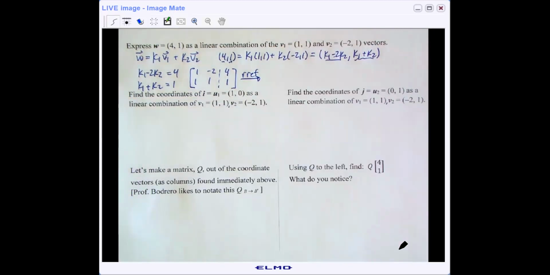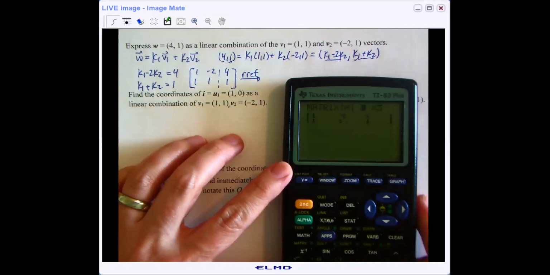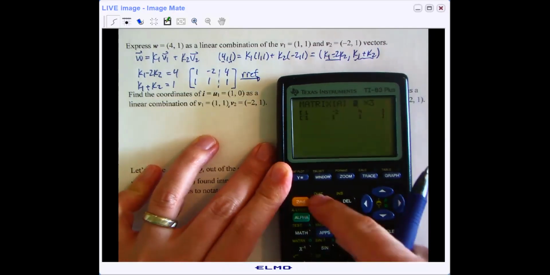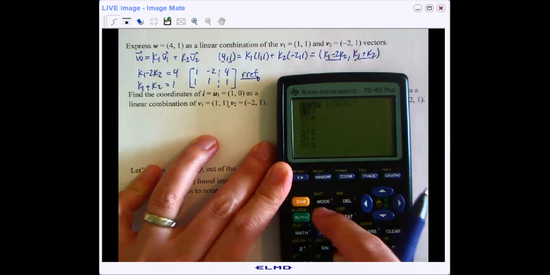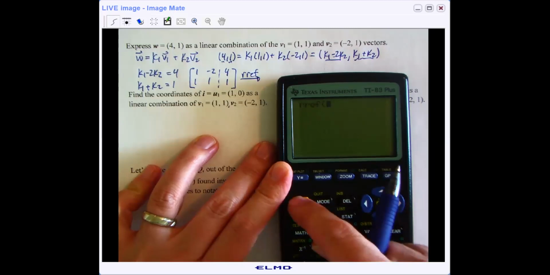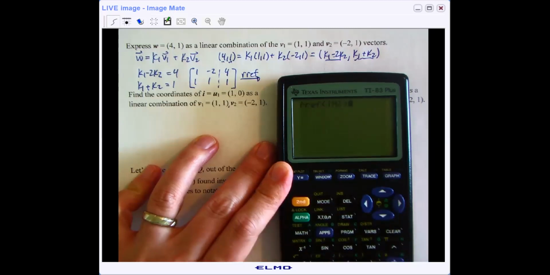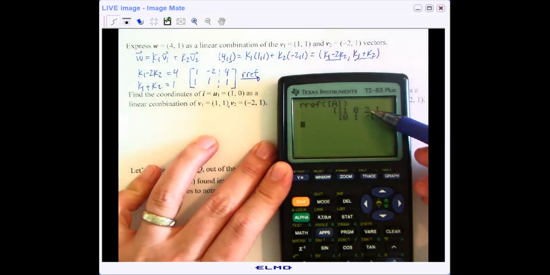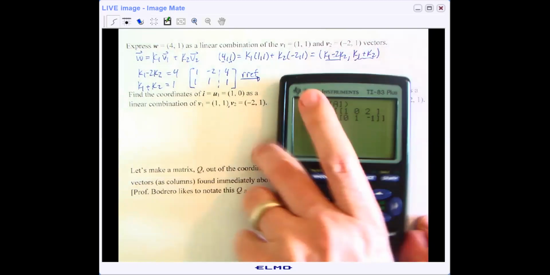And let's see what we get. So I just typed it into my A matrix here. Hopefully you can see that okay. And so if we go matrix math RREF matrix A, we'll see that when we solve that system, we get the identity on the left-hand side and we get 2, negative 1.